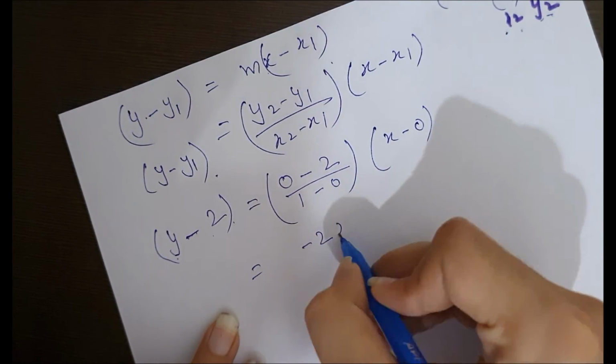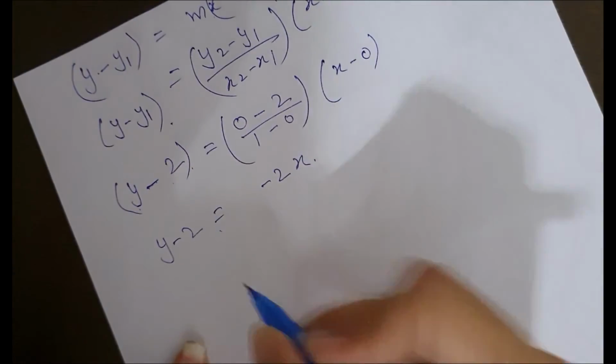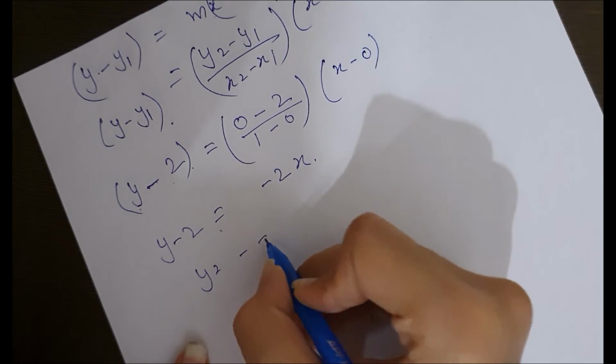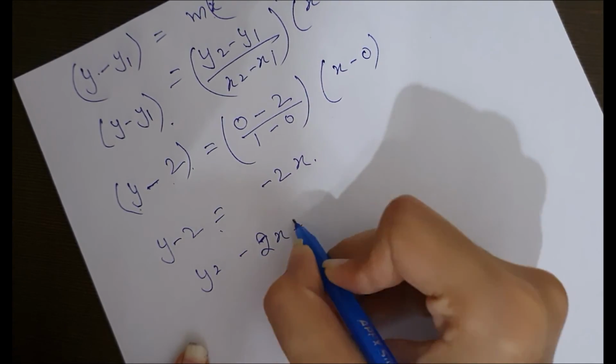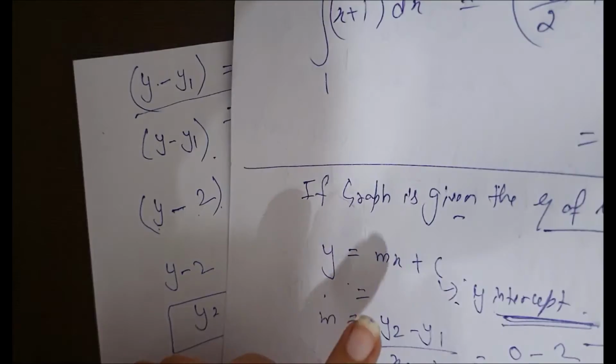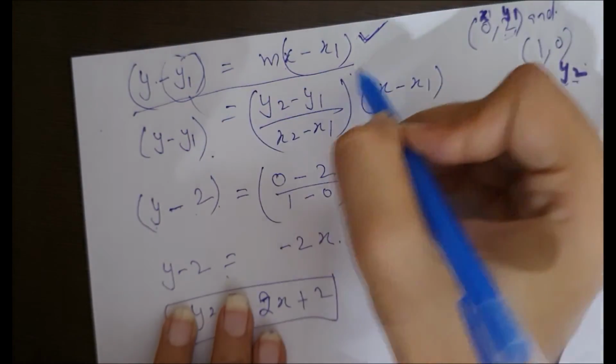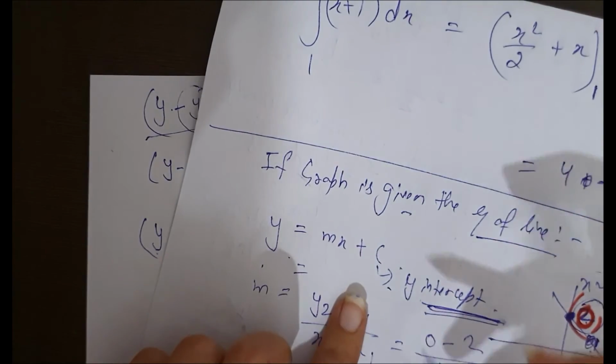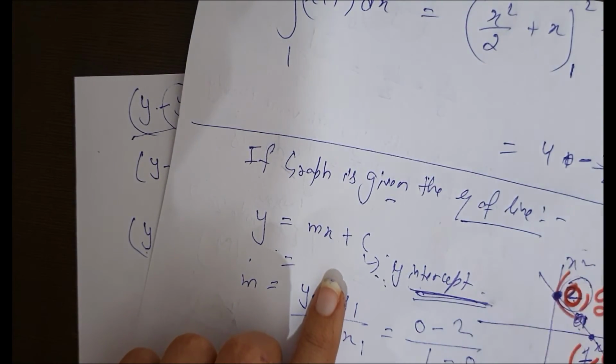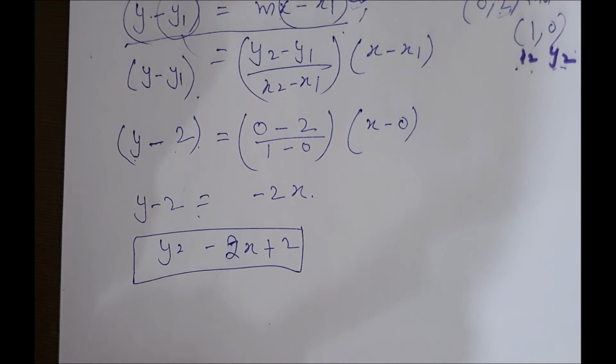So this comes out to be y minus 2, and you can write it as minus 2x plus 2. These both are similar. Here we take the constant and call it c, that we call the y-intercept. Now I hope you are clear with the equation of a line.